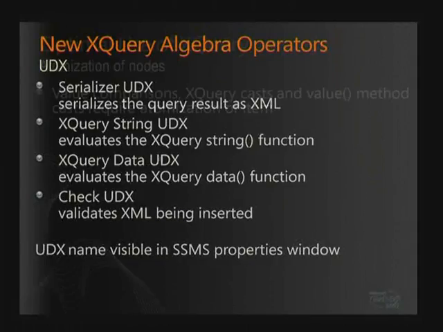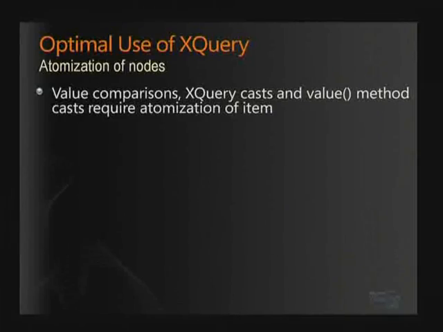So what are the optimal uses of XQuery? The first thing is XQuery always does atomization. What is atomization? Atomization is, I take a value of a node, and instead of taking the node, I extract its value. So if I say customer where name equals John Doe, then the name is a node.